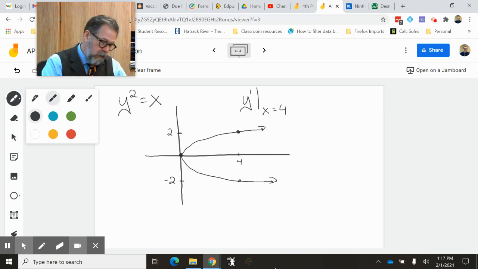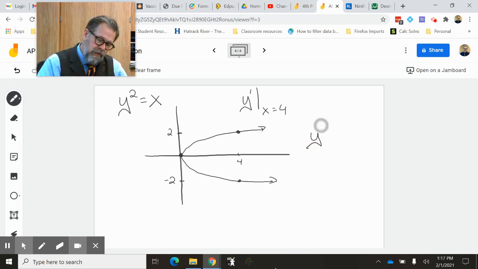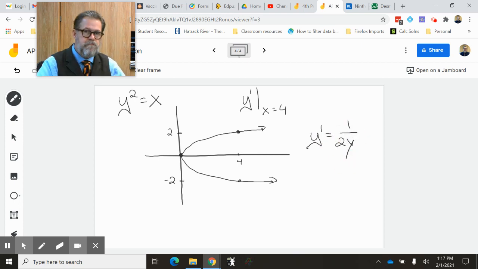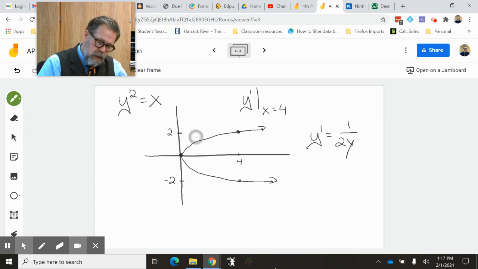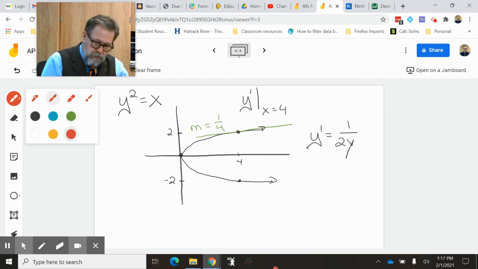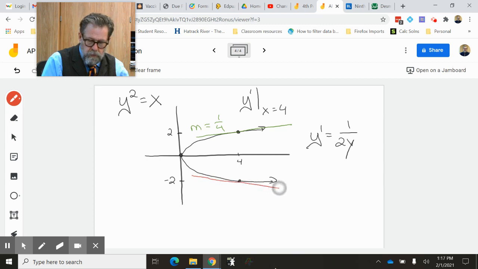I know that the derivative is 1 over 2y. So let's see what we get. Well, slope equals 1/4. Slope equals negative 1/4.